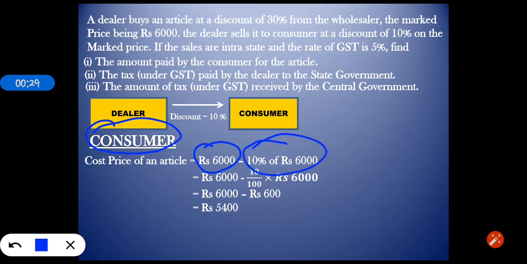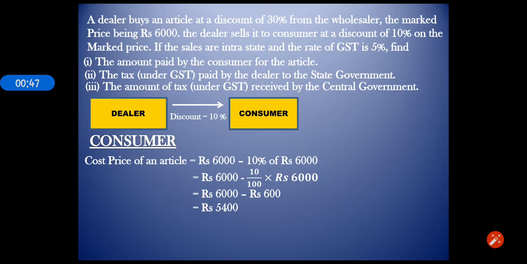Why 10%? Because the discount we have is 10%. So minus 10 divided by 100 into 6,000. 20 gets cancelled with 20, so I'll get 600. So 6,000 minus 600 is equal to 5,400.